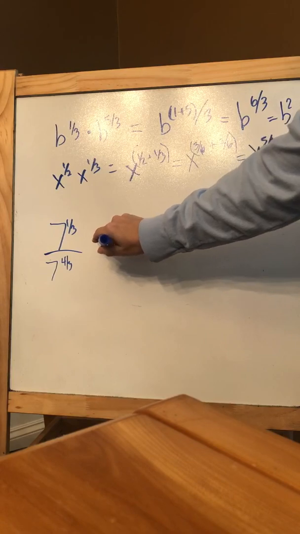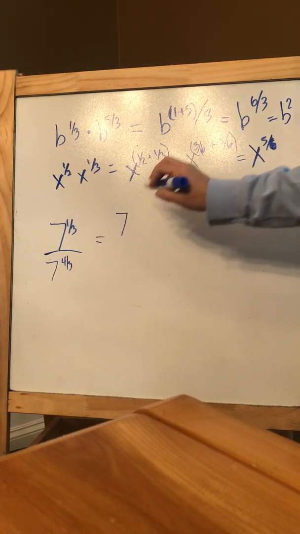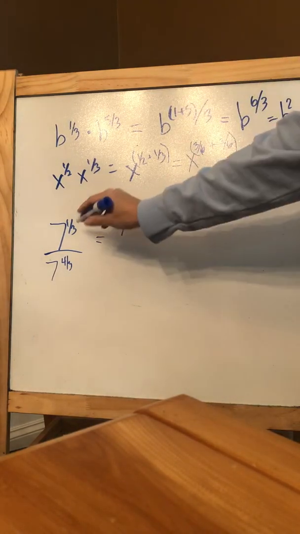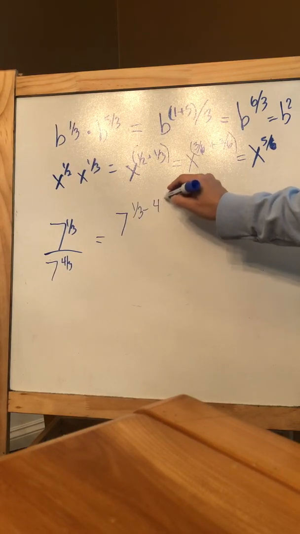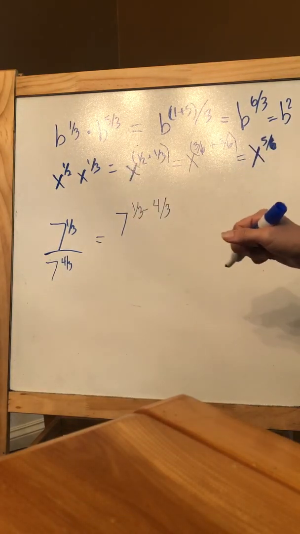Look, same denominators. So we can just combine them here because it's the same. So it's going to be our 1/3 minus 4/3, right? So now we're just combining them.